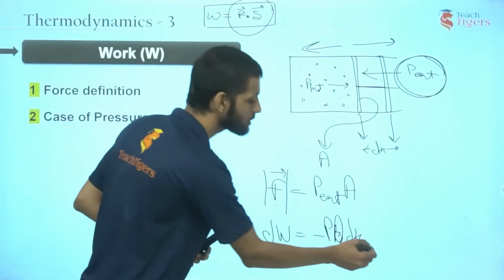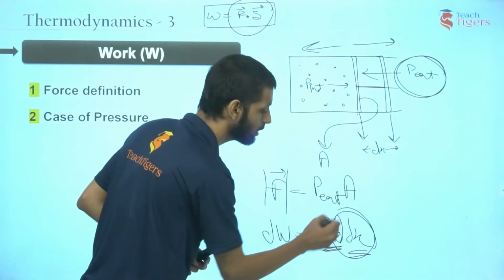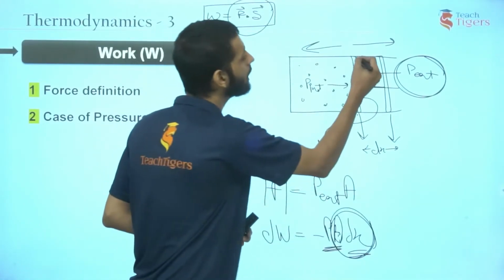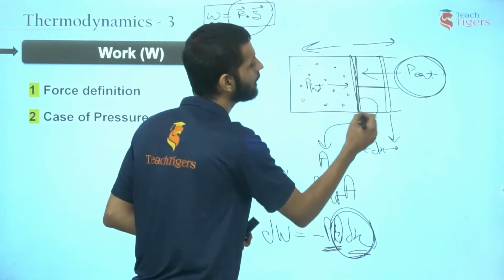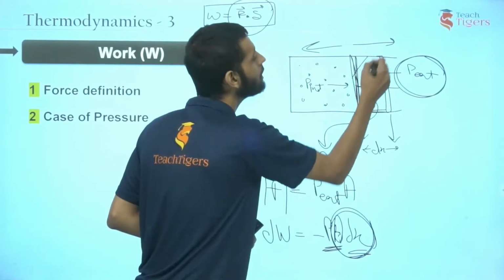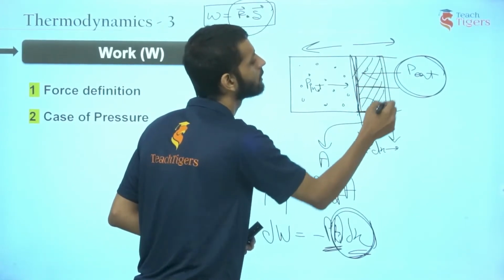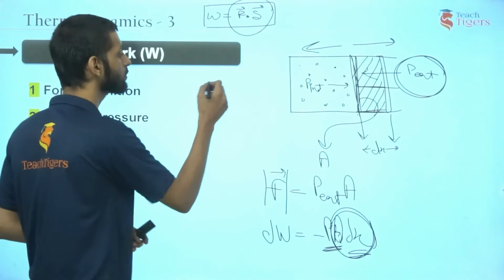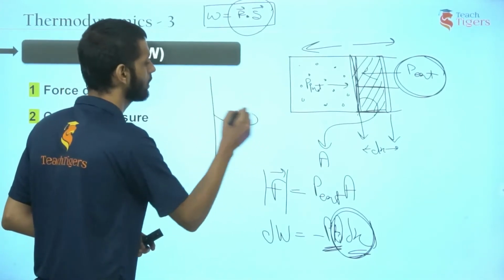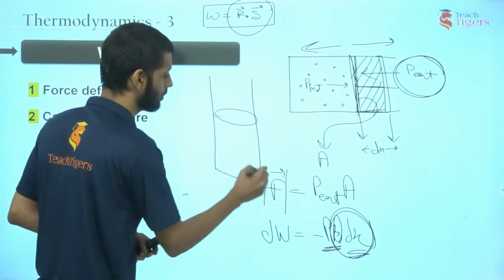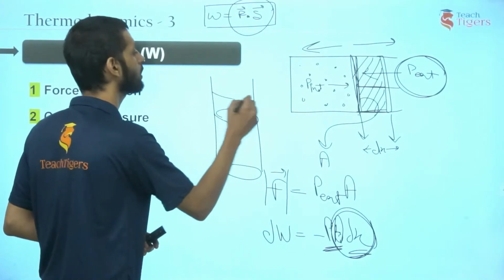We're going to rearrange this term over here, A dx. If you multiply the area of the piston by dx, you get the volume covered. If you think in 3D, what do you get? Your piston has moved from here to here.